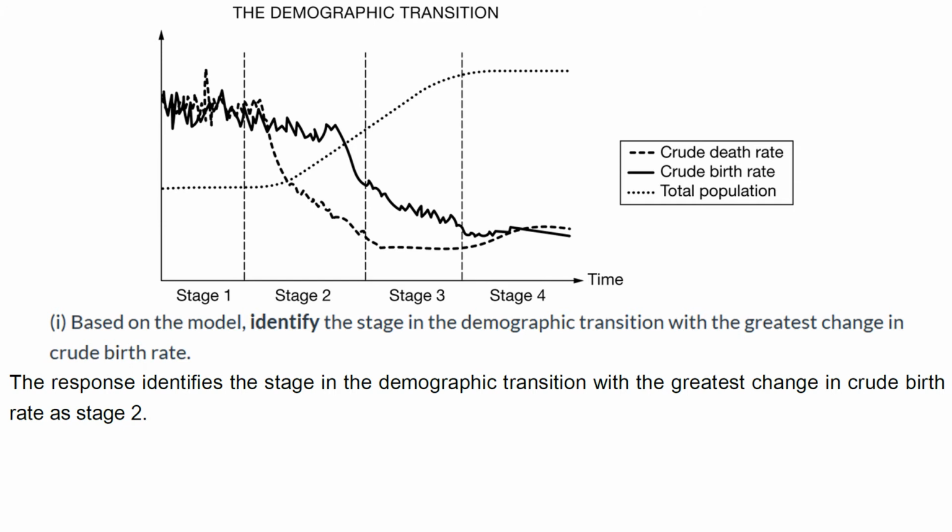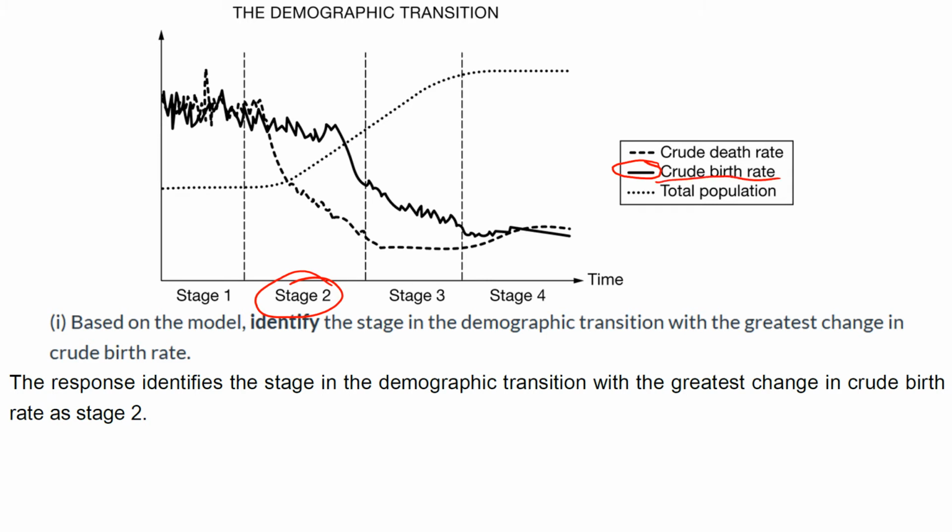Okay, y'all. Number 1, the answer is actually stage 2. So some of y'all picked stage 3 through the use of the internet, but I want to show you guys how stage 2 is the correct answer. So crude birth rate is identified as the solid black line.